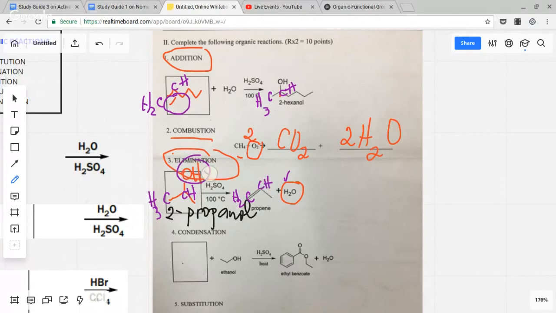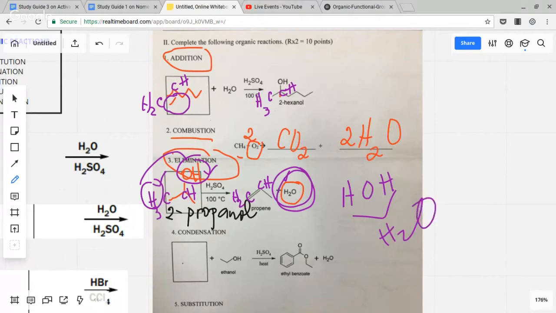So OH here and one H from here will combine, forming your water. So that's how elimination takes place. Elimination takes place when you remove one H, in this case because water is what is eliminated. So you remove one H and the other one will come from OH. H and OH will always generate your water, H2O.